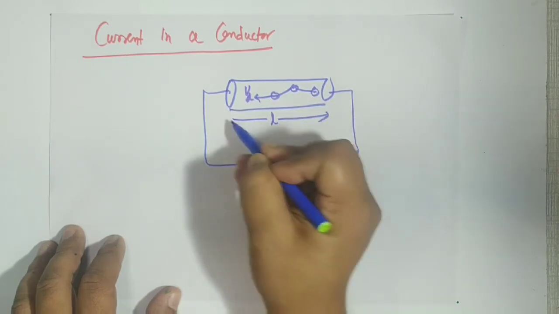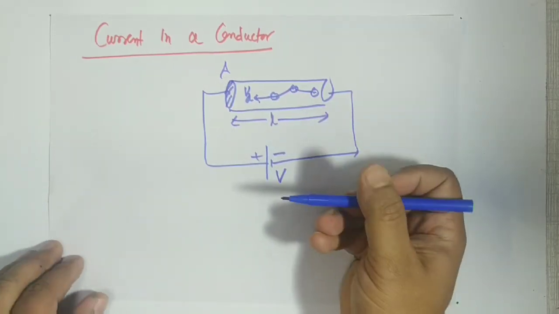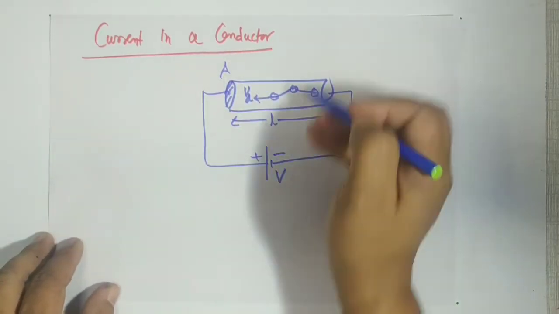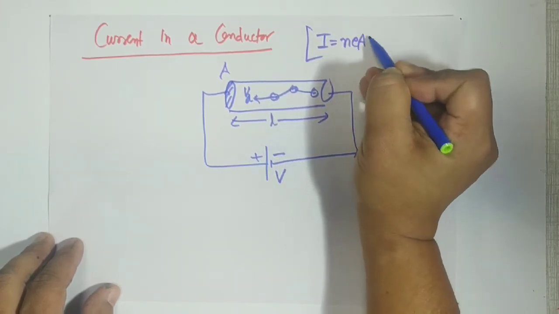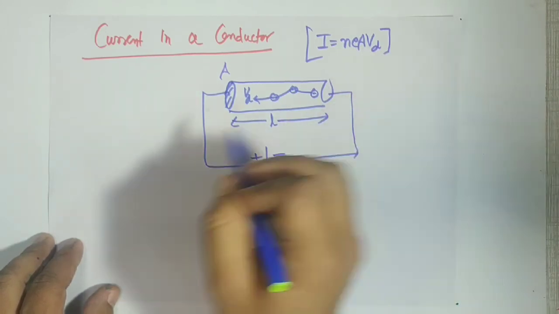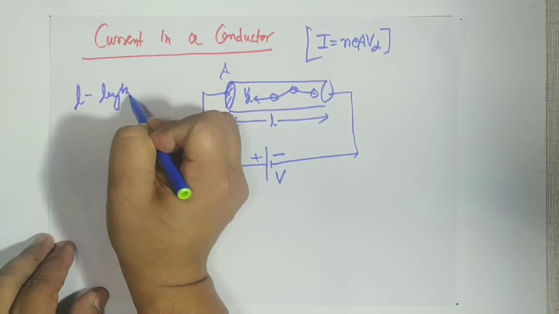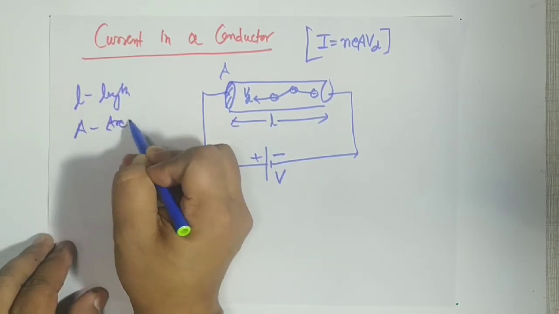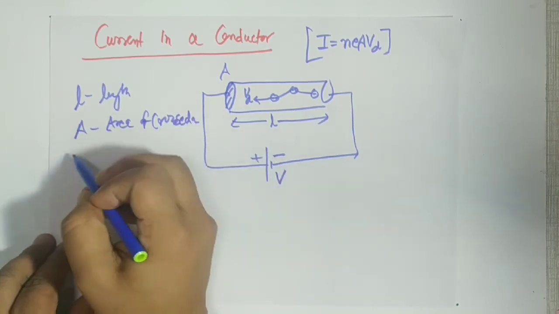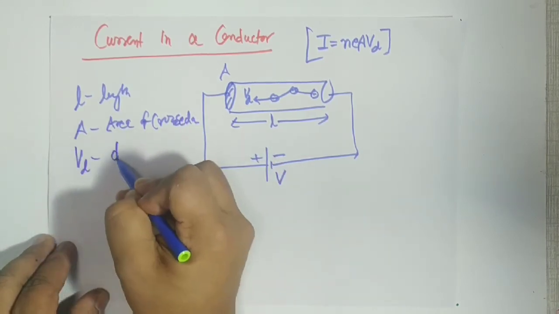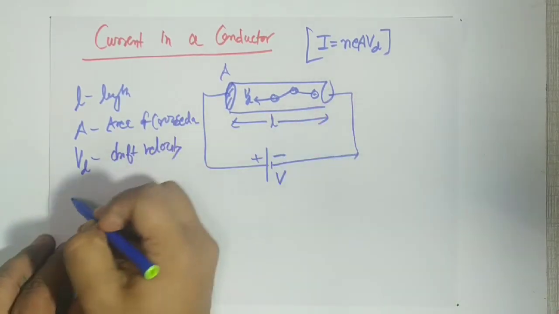L is the length of the conductor, A is the area of cross section, this is the battery potential difference, and Vd is the drift velocity. The current is neVd.